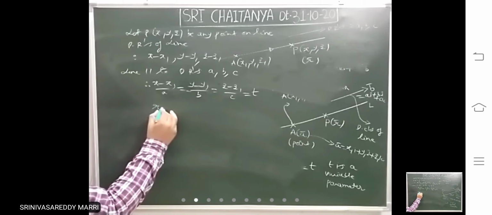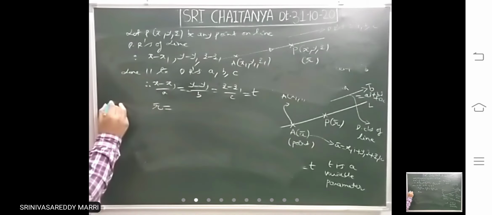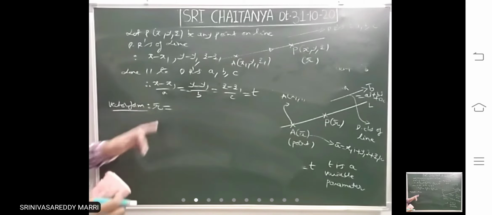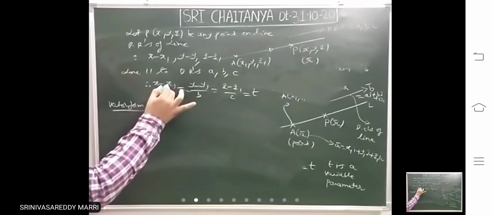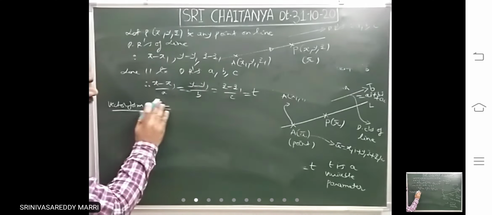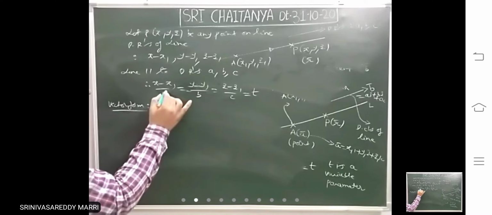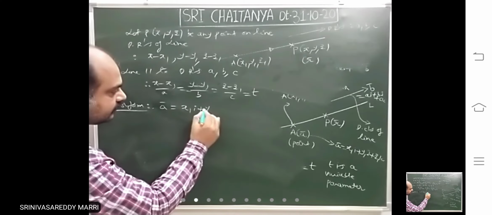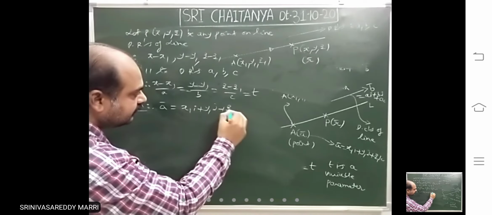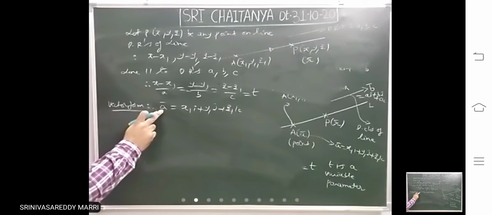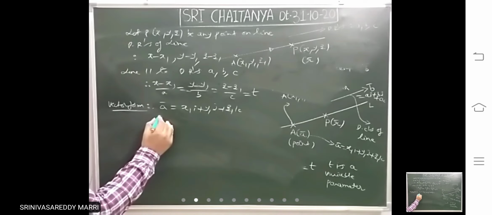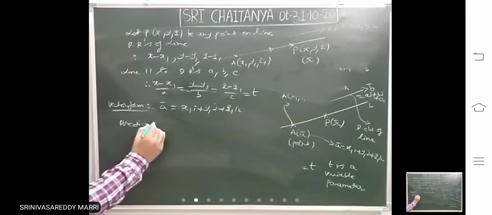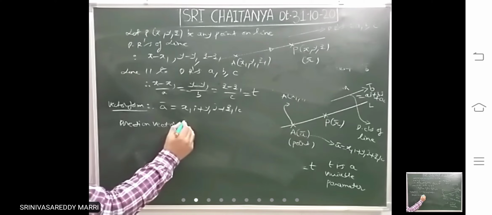Look at the vector form of this line. They are mutually convertible. This is Cartesian form. For vector form, this point is there. You take A bar as the position vector, x1i plus y1j plus z1k. Then the DRs give the direction vector.